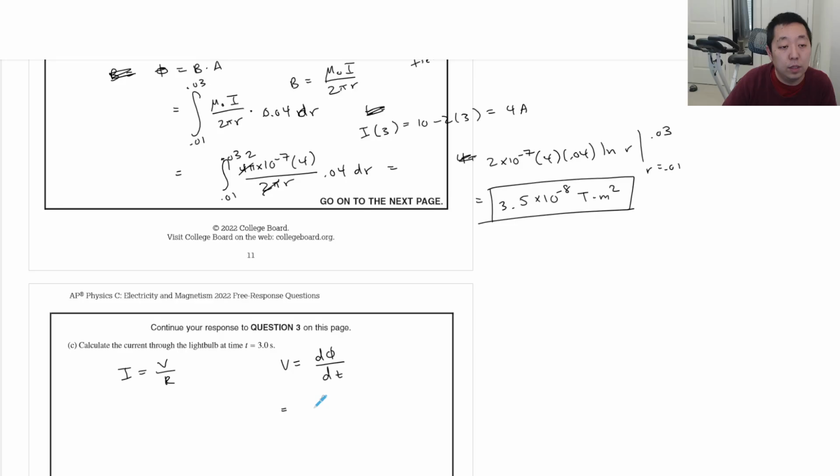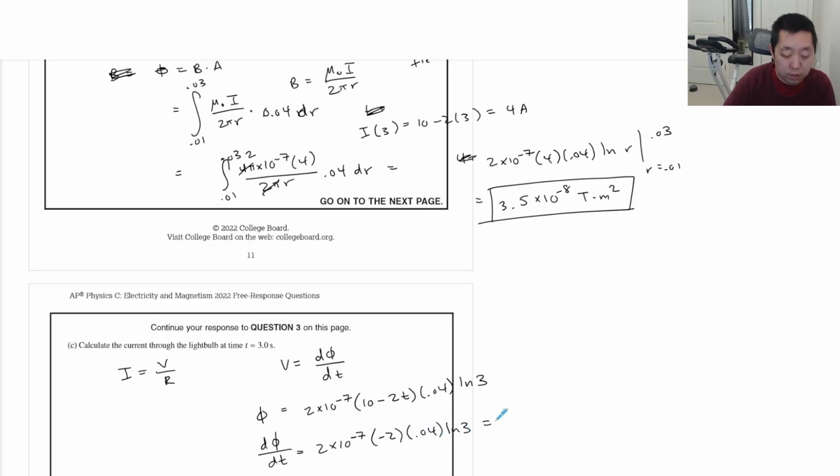And so if I look at our expression, instead of putting in the 4, if I made this simply 2 times 10 to the minus 7, 10 minus 2t, 0.04, this is ln of 3, right? And then that's the flux. Then the derivative of the flux with respect to time is just 2 times 10 to the minus 7 times negative 2, 0.04 ln of 3. So I just do that calculation.